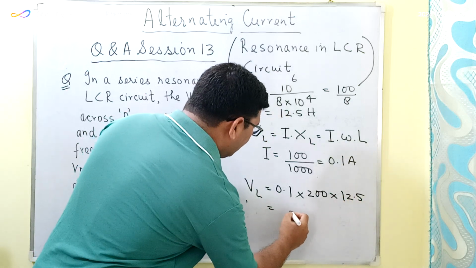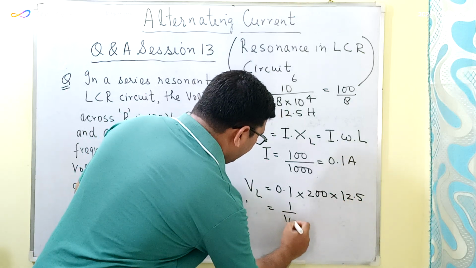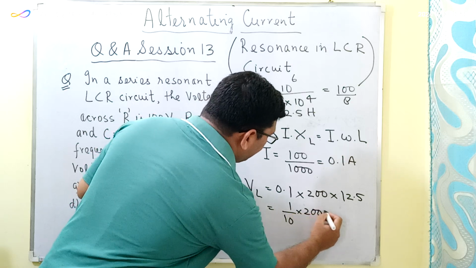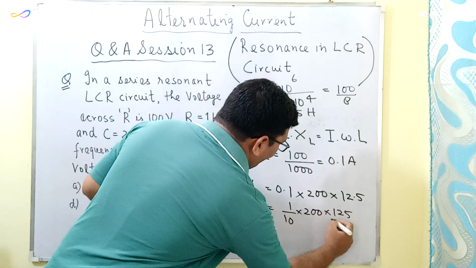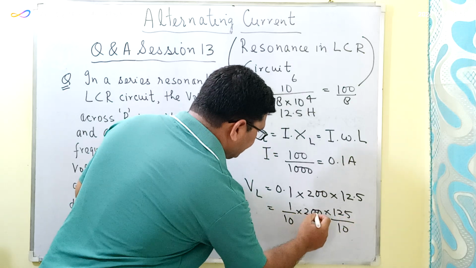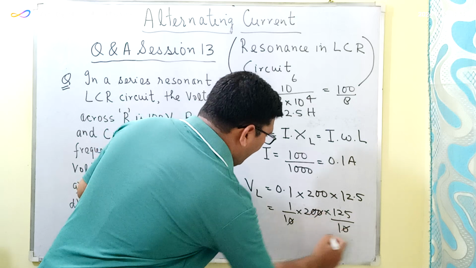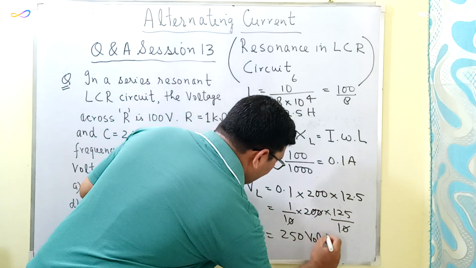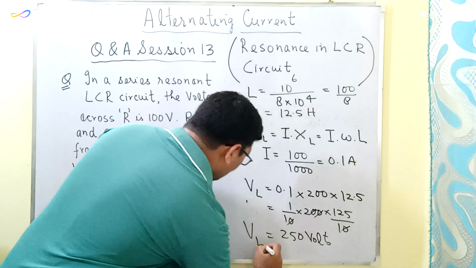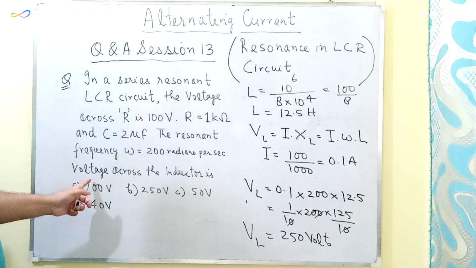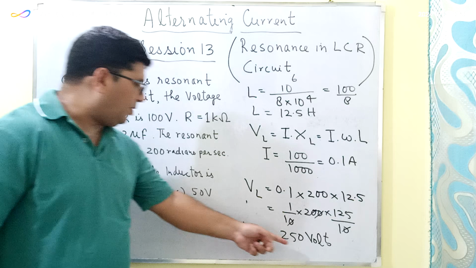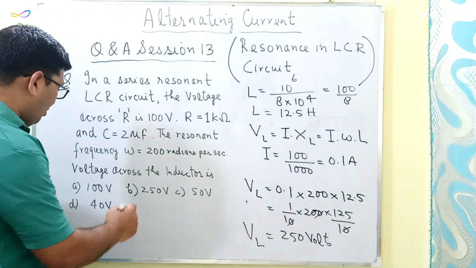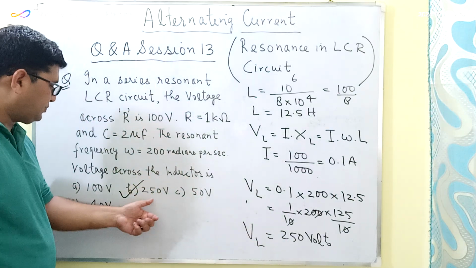So this will be equal to 1 by 10 into 200 into 125 by 10. So this is equal to 250 volts. So the voltage across the inductor is equal to 250 volts, and the correct option is B, that is 250 volts.